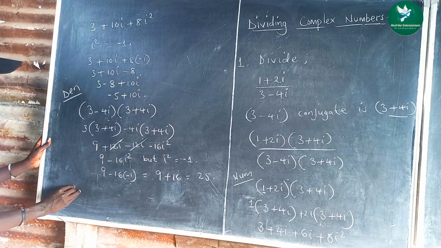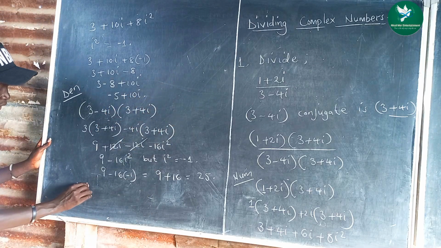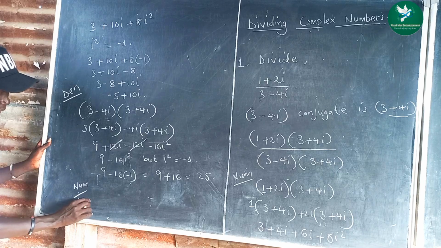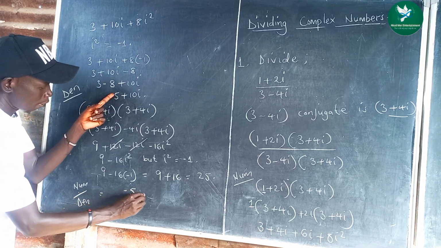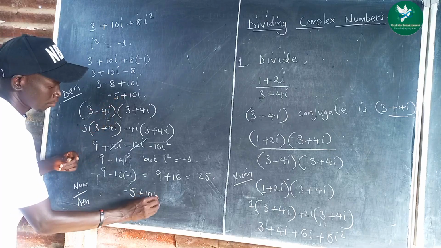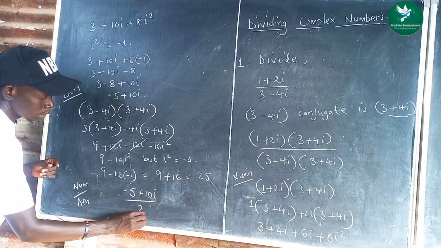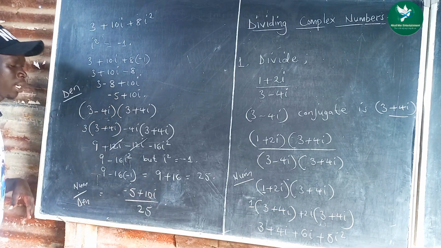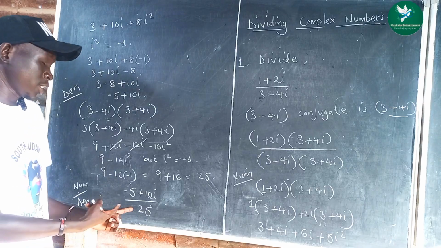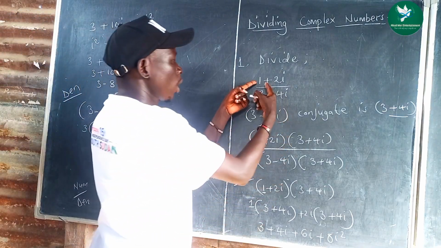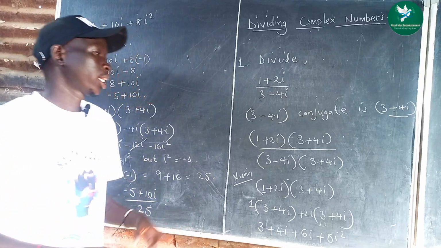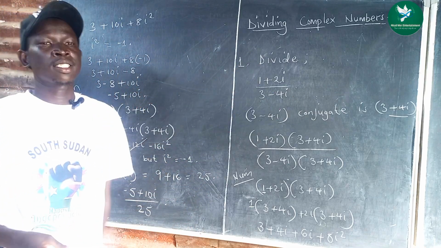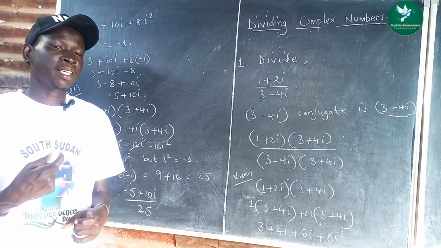Therefore, we put the numerator over the denominator as our initial fraction, of which we have negative 5 plus 10i divided by 25. And this is the answer when we divide 1 plus 2i by 3 minus 4i. This is how we divide a complex number by another complex number.